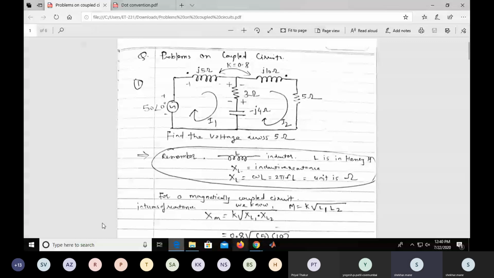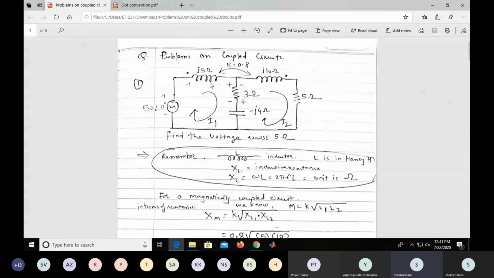Now see here, problems on coupled circuit. First problem, there are two currents flowing, I1 and I2. Two coils are there, J5 ohm, J10 ohm. Reactances are given here, which are inductive reactances in ohm.